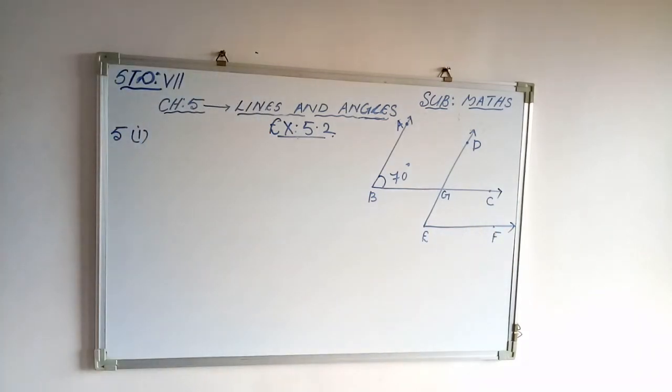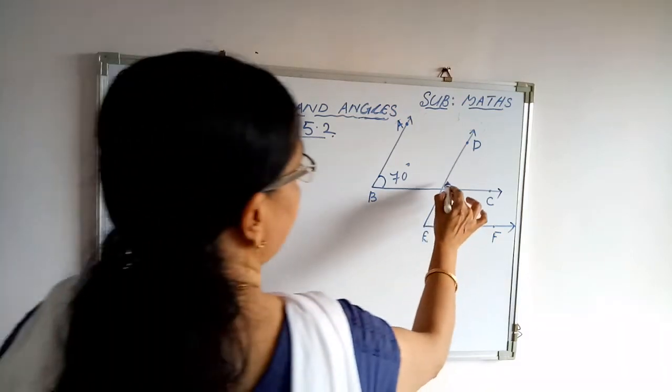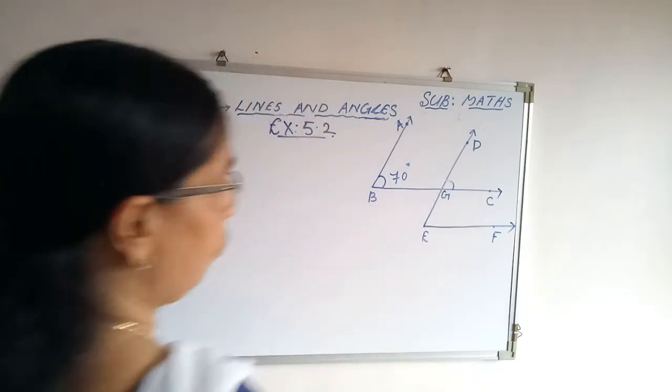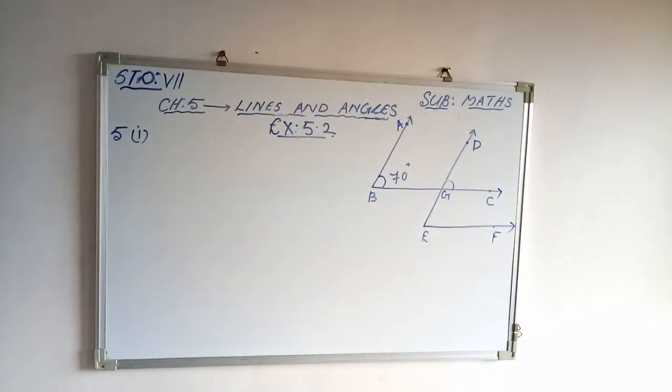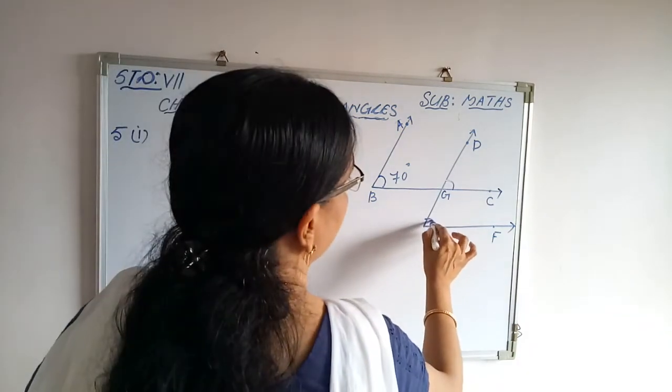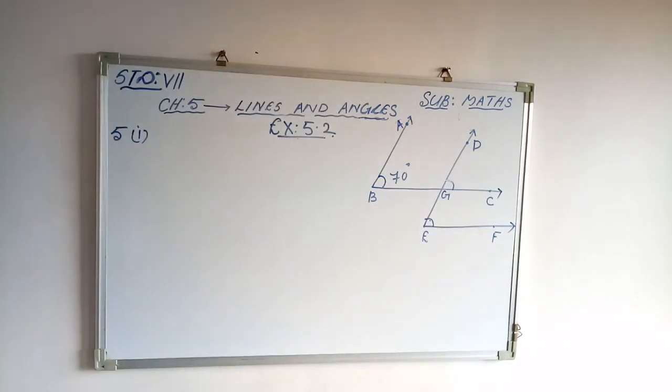Now, one angle it is given, angle ABC is equal to 70 degree. Then you have to find out which angles, angle DGC, this angle DGC we have to find out, and the next angle DEF, this angle. These two angles you have to find out.